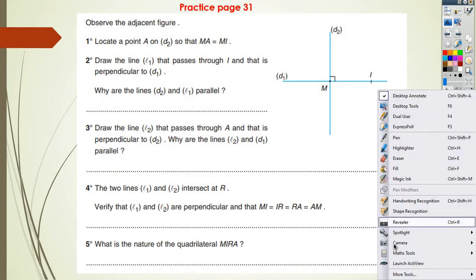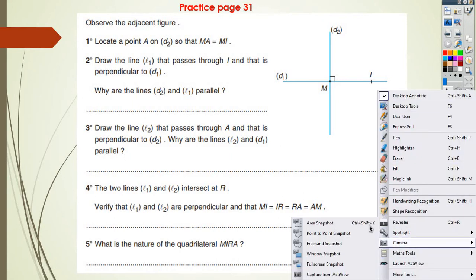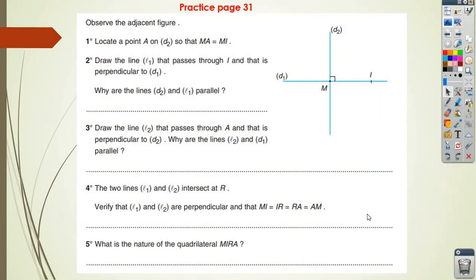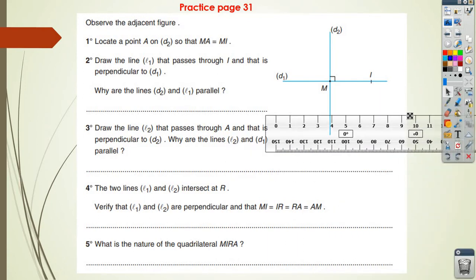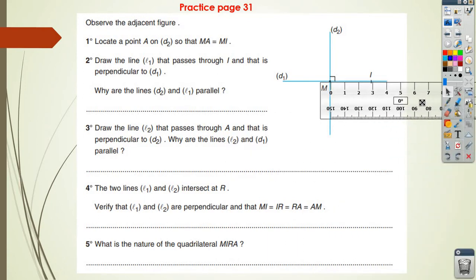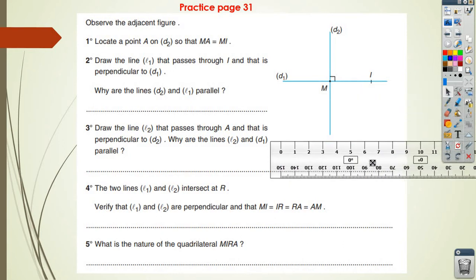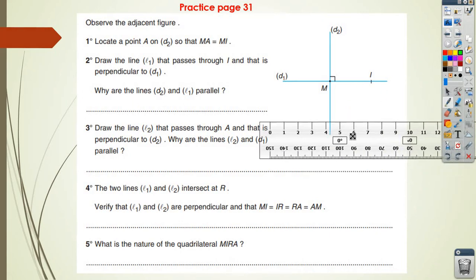I measure MI using my ruler, and it will be, for example, 4 on the screen. It's different from your book. It's 3 on my screen. So I want to locate the point A 3 centimeters on D2.